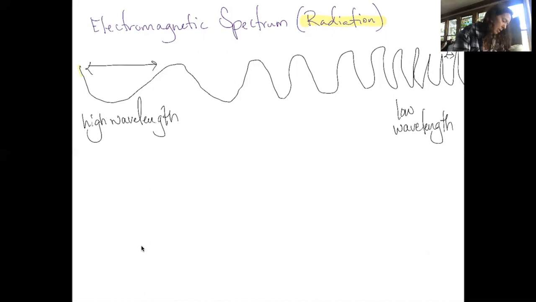And over here where I have my high wavelength, I have a very low frequency. I have a low occurrence of the wave repeating itself. So I call this a low frequency. And over here where I have a low wavelength, where they're very close together and they repeat themselves quickly, we have what's called a high frequency.